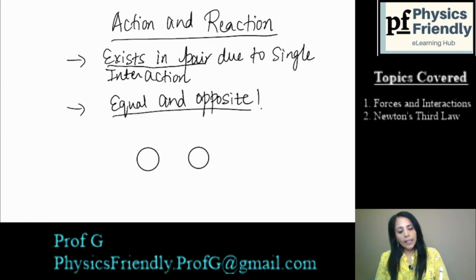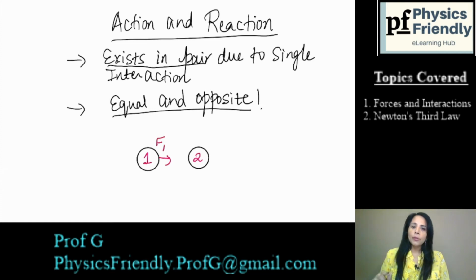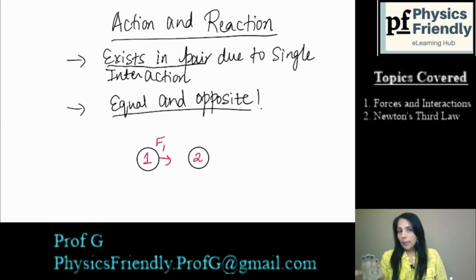So let's take an example here. Let's say I have two objects of equal masses. I'm going to call this object 1, and I'm going to call this object 2. Object 1 exerts a force on object 2. I'm going to call this F1. F1 is a force that object 1 exerts on object 2. Same case, right?